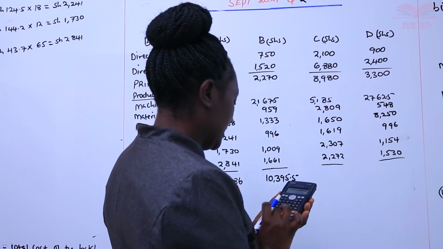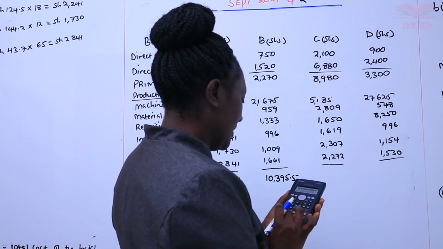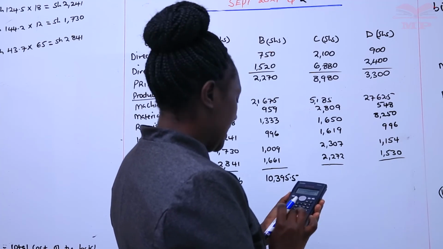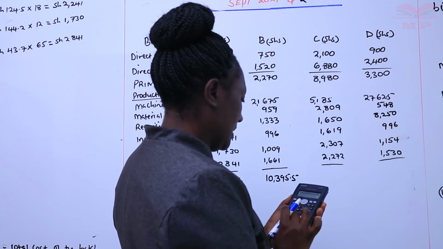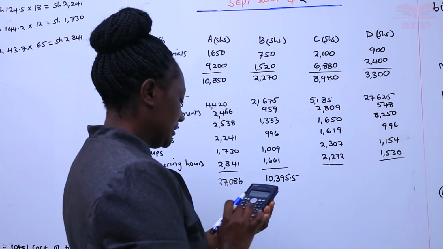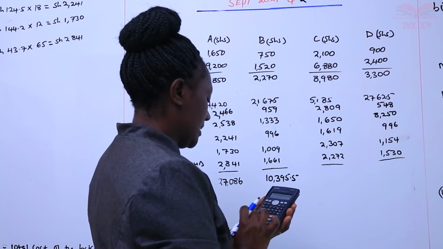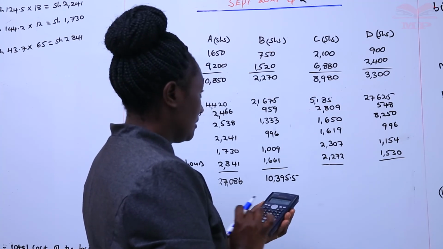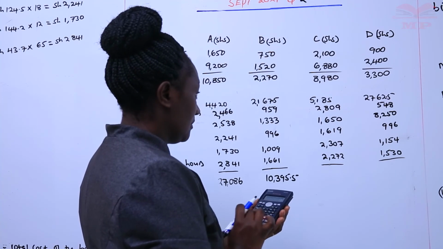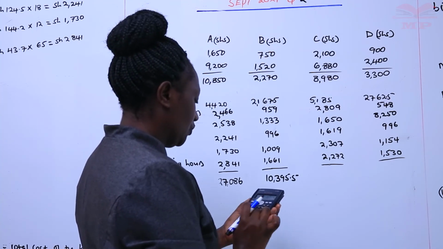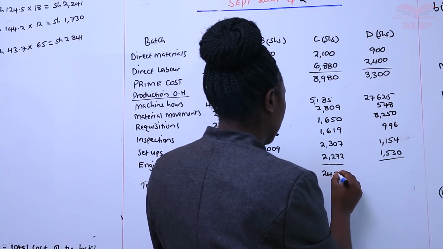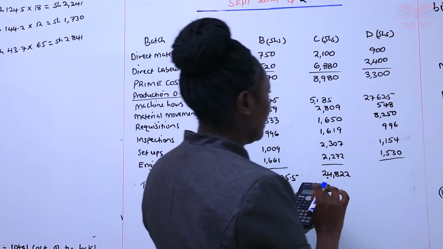Then we have batch C. The prime cost is 8980 plus 5,185 plus 2,809 plus 1650 plus 1619 plus 2307 plus 2272, and this will give us 24,822.